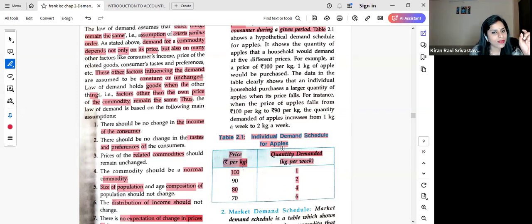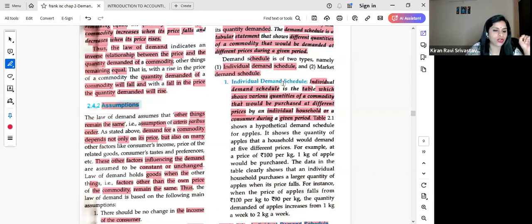And when we replace the word individual with market, the whole individual demand schedule will turn into market demand schedule. And instead of writing individual household, we will write total household or total individual. We will use the word total.